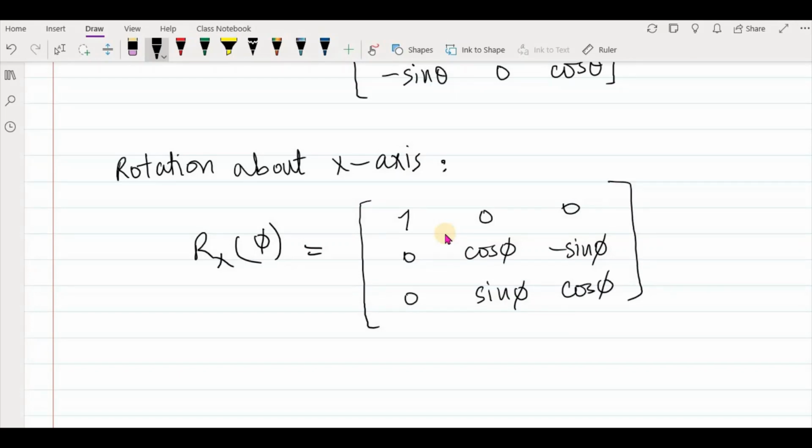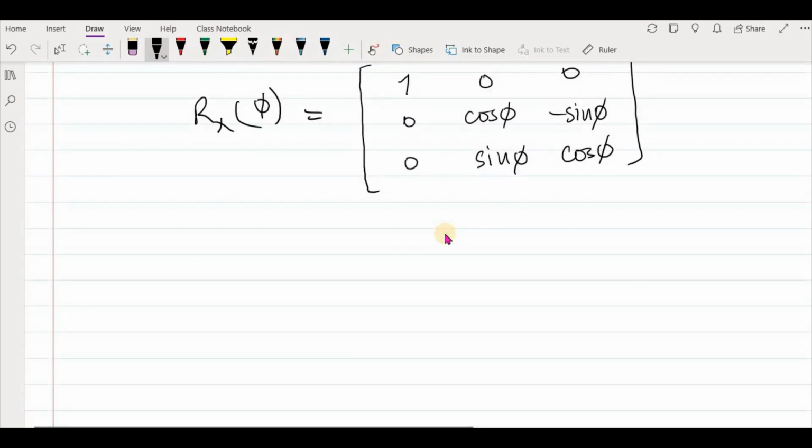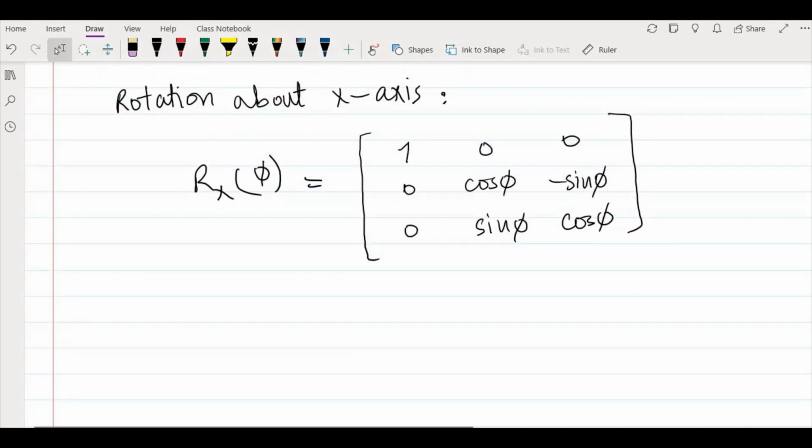So here you see the y and z components are changing according to the angle phi, but the x component is not changing. So this is how we calculate the rotation matrices in 3 dimensions.